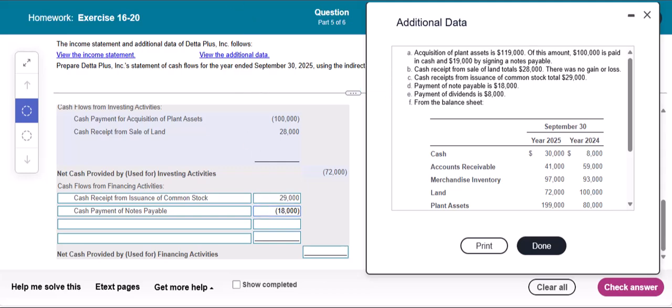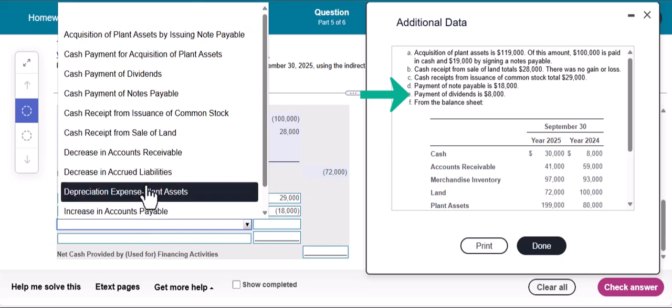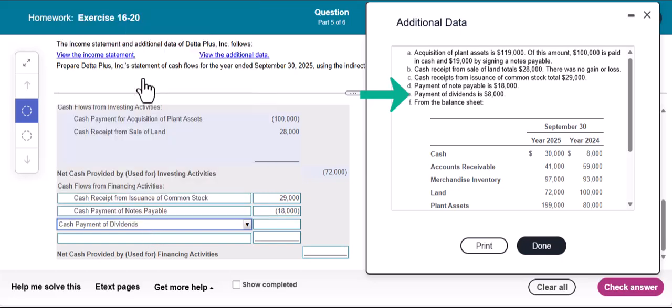And then next we have payment of dividends for $8,000. And dividends, remember, are paid out of retained earnings, and retained earnings are part of the equity, therefore goes in the financing activities section. So we'll go ahead and input that here. So cash payment of dividends.